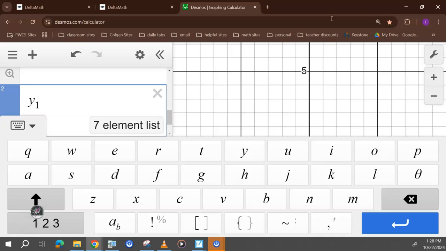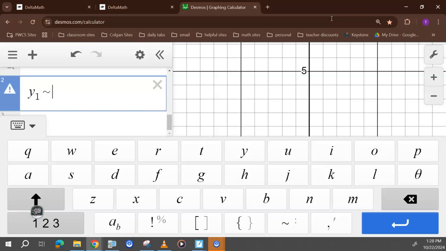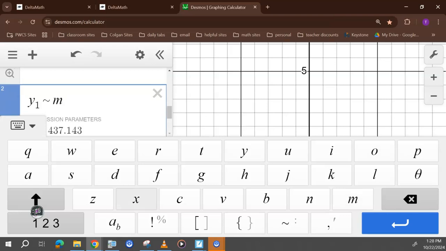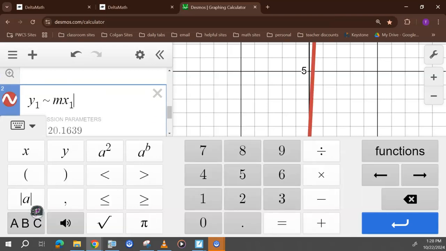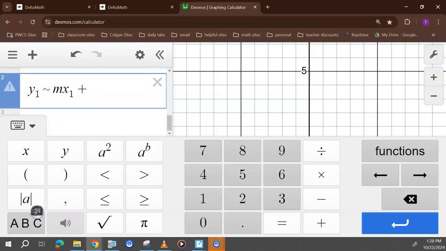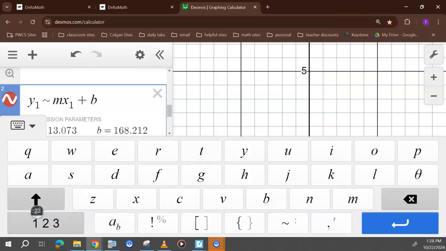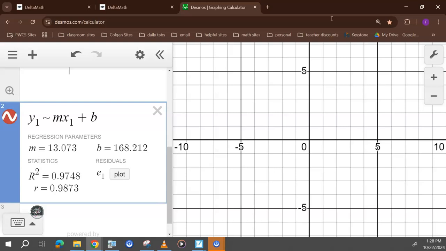Well, it looks like this. mx1 plus b. So y1 tilde, the squiggly line, mx1 plus b. Type that in. You should get these numbers.